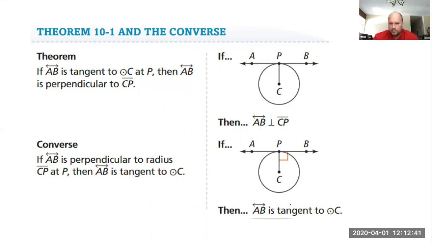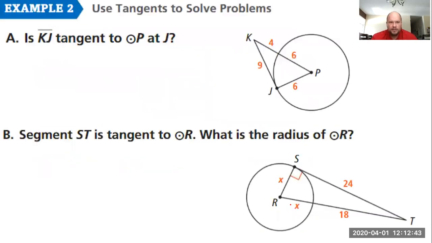Okay, I'll move on. So here's the first example. Now, this example, I would highly recommend copying down the examples as we go. The first one asks: is segment KJ tangent to circle P at point J? So in order to figure that out, if you're looking at that diagram, what has to be true in order for that line to be a tangent?